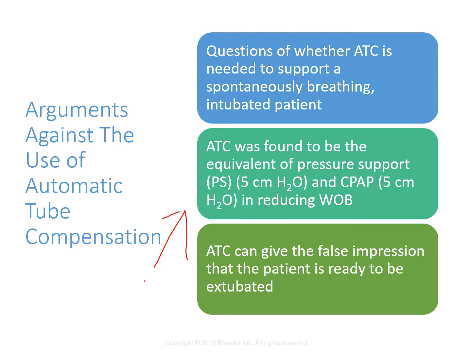Depending on the vent model, tube compensation may not provide sufficient compensation for the work of breathing imposed through the ET tube. So it depends on the algorithm that machine uses. Automatic tube compensation really may reduce the workload of breathing and increase comfort depending on the ventilator and what type of artificial airway the patient's using, but we need more studies.